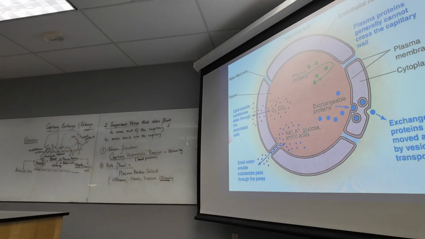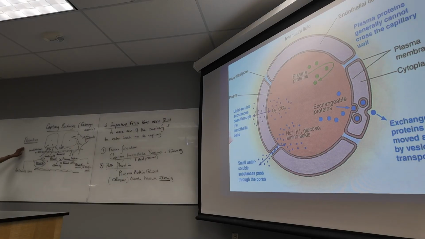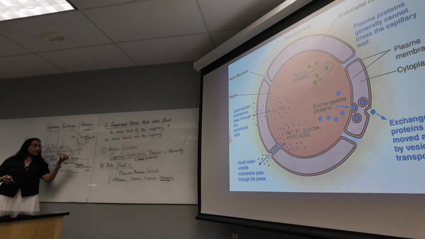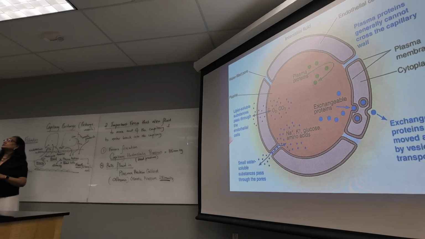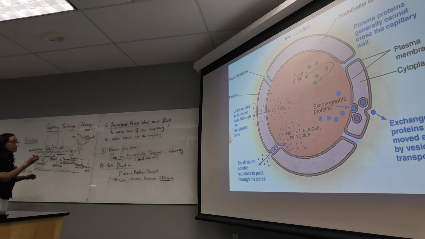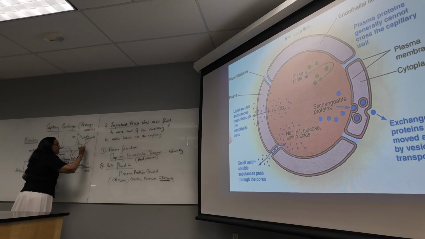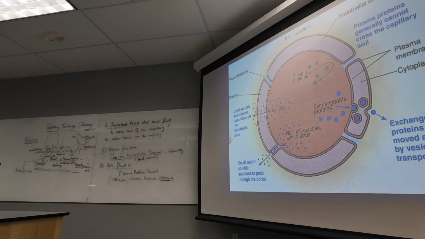Now this end is called filtration. What happens here at the venule end, where the water along with the waste products is taken up, this is called reabsorption. So look at the word reabsorption. It is not absorption, it is reabsorption. Why?